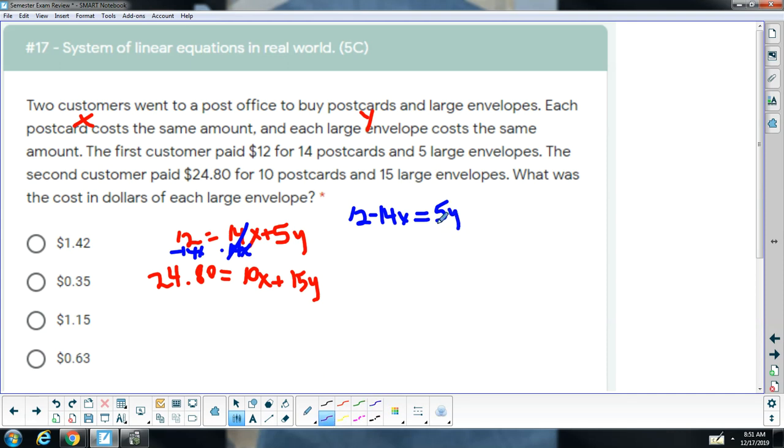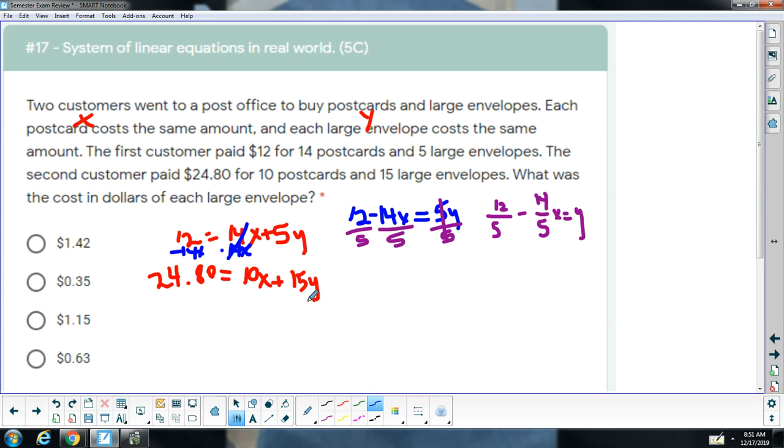Then my final step to get y by itself is I'll divide everything by 5. Now 5 doesn't go into 12 or 14 evenly, so we're just going to leave those as fractions. 12 over 5 minus 14 over 5x equals y.